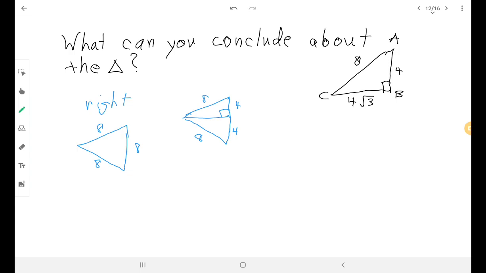And what's interesting about this is that this helps to tell me a whole bunch of things about the triangle. For instance, let me draw it one more time. So we've got 4 times square root of 3, we've got 8, and we've got 4.